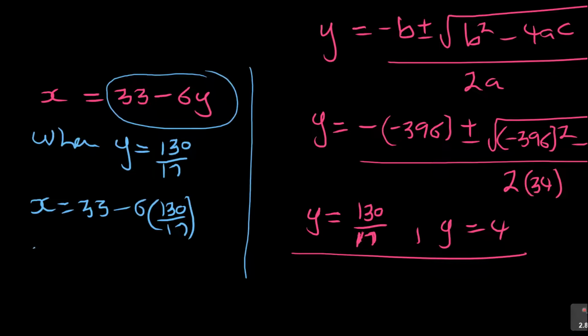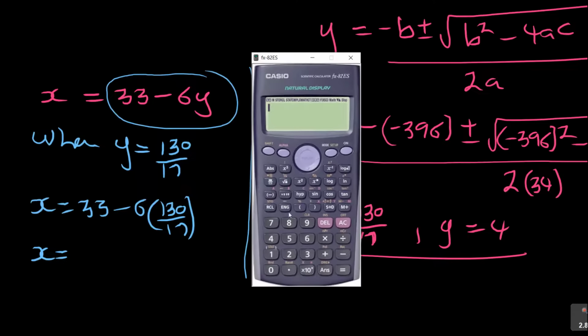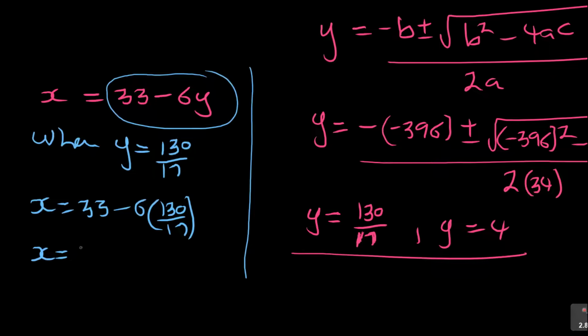So it will give me the first value of x for that value of y. So it's 33 minus 6 times 130 over 17. Alright. So it gives me negative 219 over 17. We'll test that one.